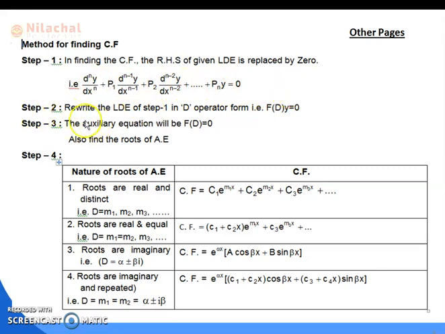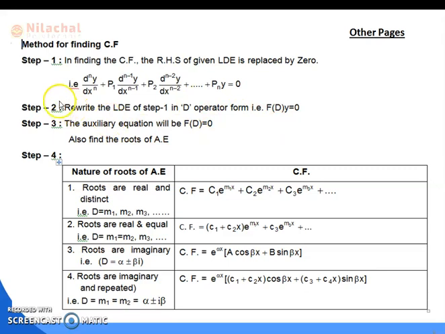Then step 2: rewrite the linear differential equation of step 1 in D operator form. What is that? d^n y by dx^n means the nth derivative. Here we are using small d. Capital D means d by dx, so capital D y means dy by dx.